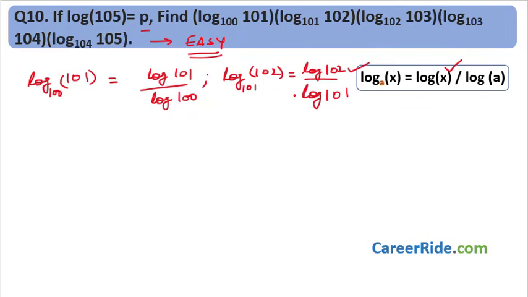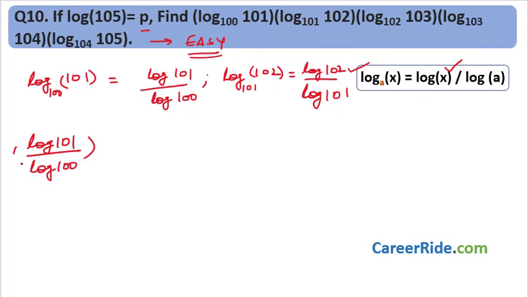So now if you make use of this rule, see how easily you will be able to solve this question. Let us begin. Whatever is given to me in the question, let me start writing it with the help of this new rule that we have learned here. So log 101 to the base 100 can be written as log 101 upon log 100, right?